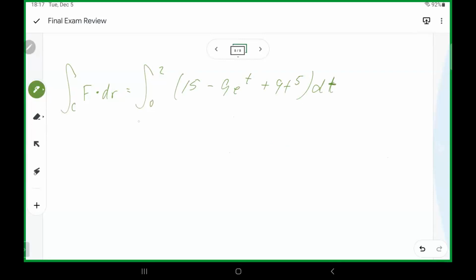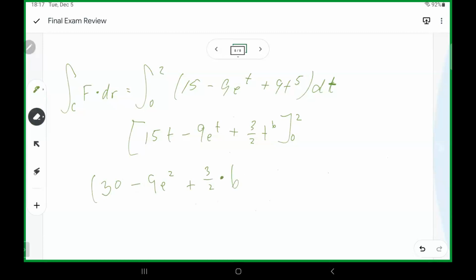So then that's 15t minus 9e to the t plus 3 halves t to the sixth, from 0 to 2, so 30 minus 9e squared plus 3 halves times 2 to the sixth.